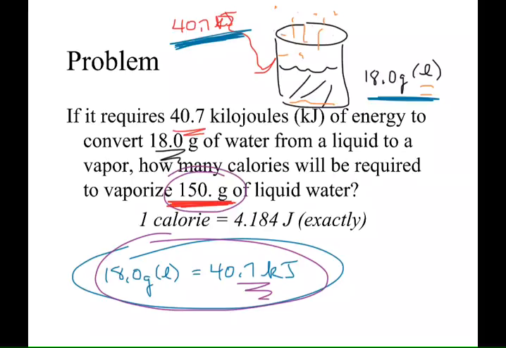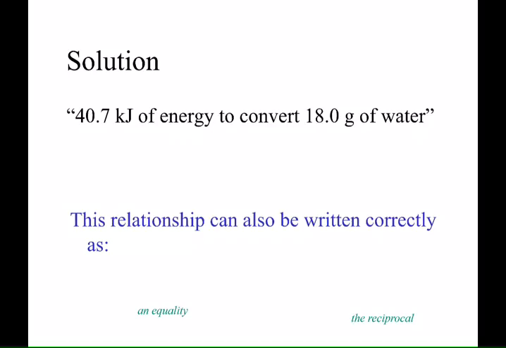There's one more twist here. Kilojoules is energy, and notice that it wants to know how much energy in calories would be required. So here is your link, not from calories to kilojoules, but calories to joules.